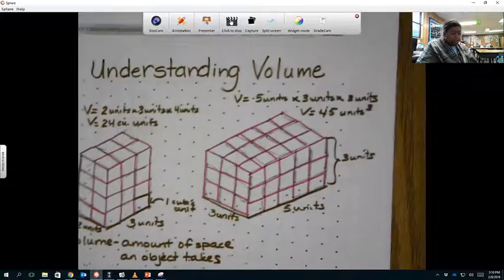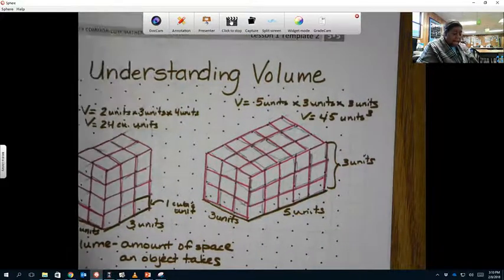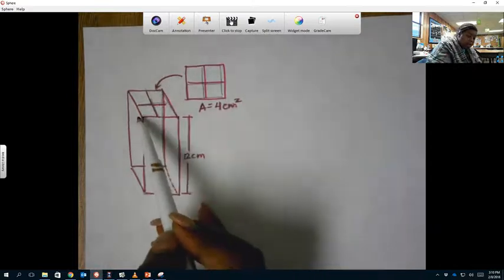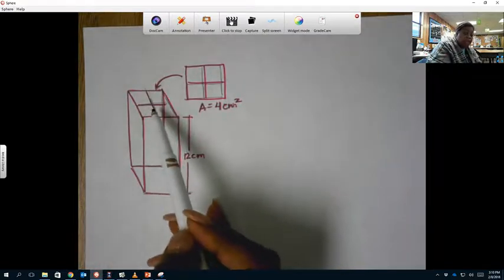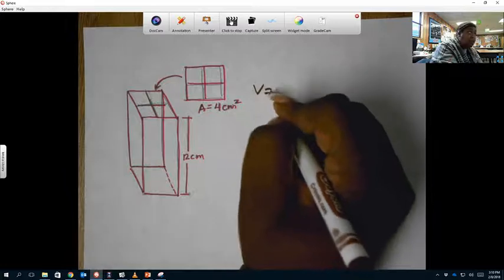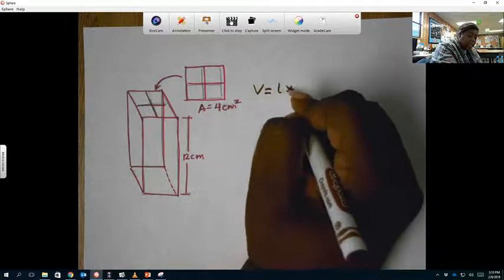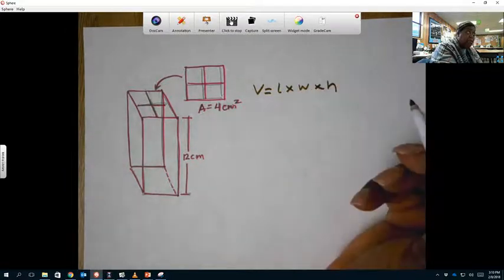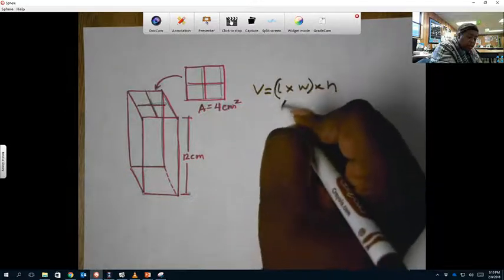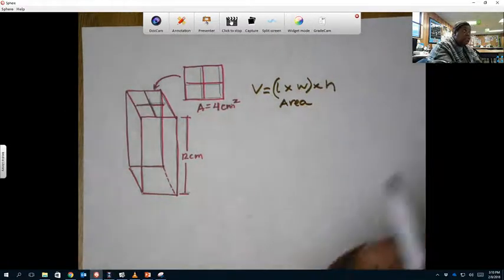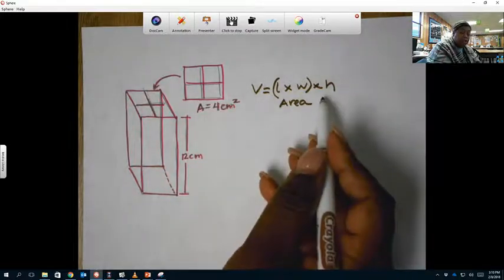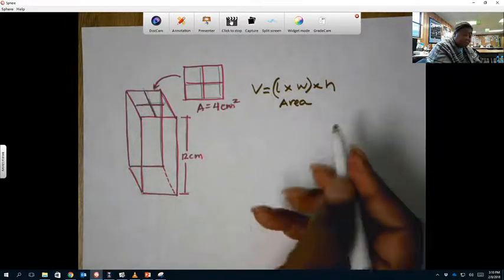Okay? Now, what happens in this example where I know the area of this top face? Well, if you remember, the volume formula has length times width times height. And from a previous lesson, you know that length and width are also the formula for area. So if I know the area of one of my faces and I know a third dimension, I can find the volume.